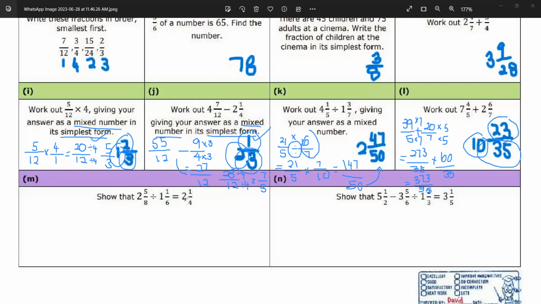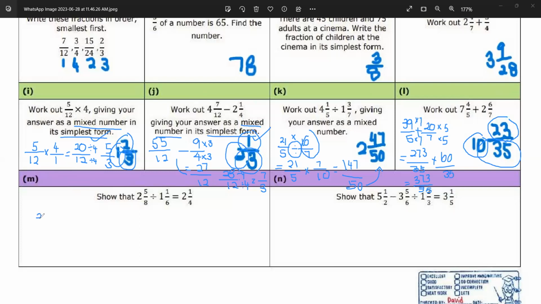Now question M, show that 2 and 5 over 8 divided by 1 and 1 over 6 equals 2 and 1 over 4. So we just need to write out the working. And now I'll write out the working.